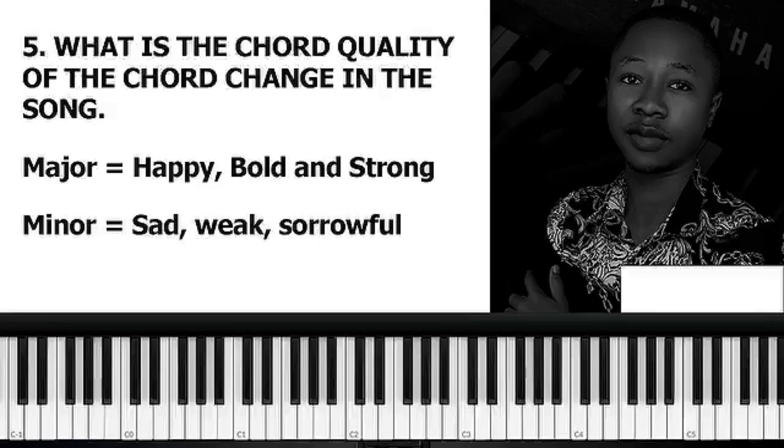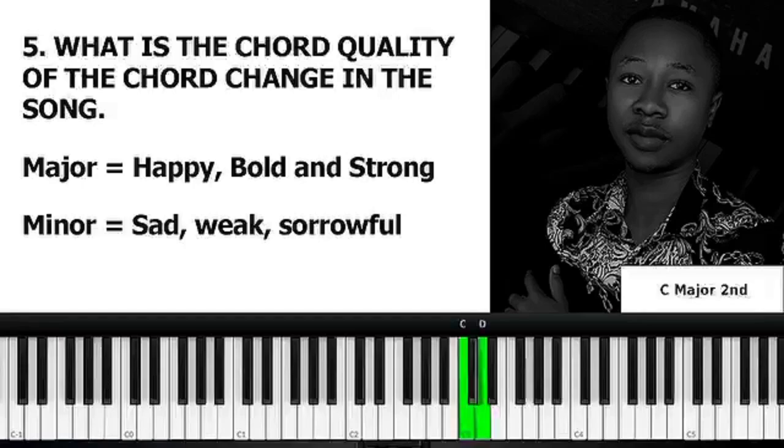Is it bold or strong? When you see one of these three qualities in a sound, it means it's a major sound, and it's going to be a major chord. If it has a sad sound, a weak sound, a sorrowful sound, it's a minor chord.